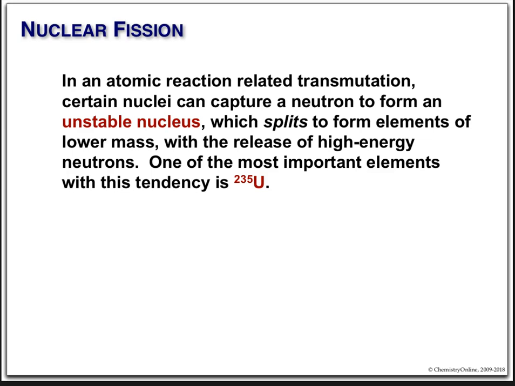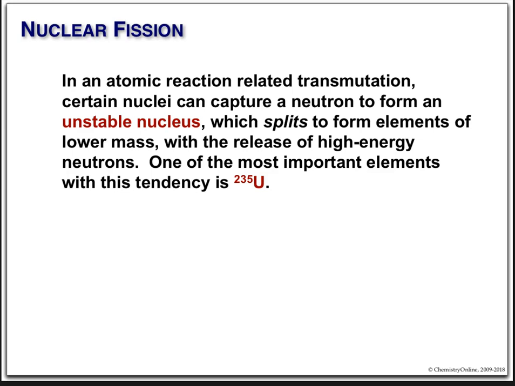So imagine that you have a nucleus that's more or less happy, and somehow a neutron comes by, hits it, and sticks. Odds are, when that happens, this nucleus is no longer happy, that it reaches a point of instability. When it becomes unstable, it will do something. It can release particles. In fact, it can even split into smaller atoms.